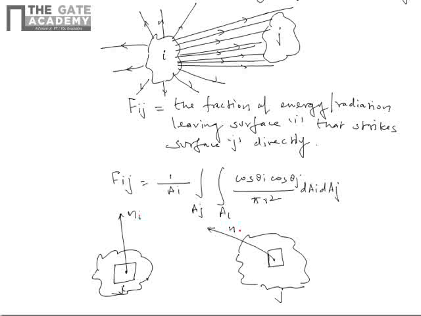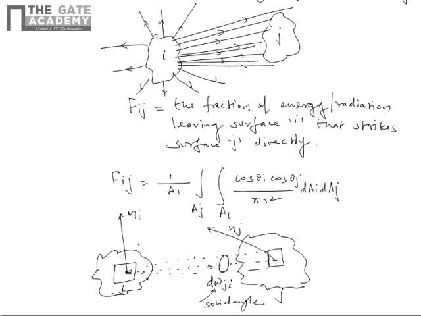Let us say this is Ni, this is Nj. And draw a line that connects the center of these two surfaces. And let us say surface J subtends a solid angle d omega on I. This is the solid angle.